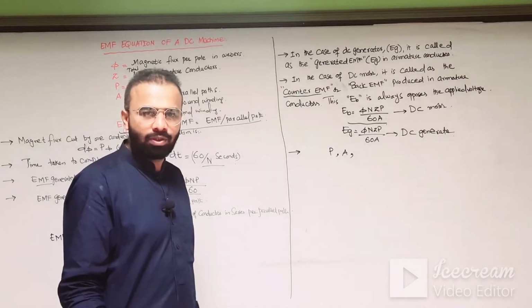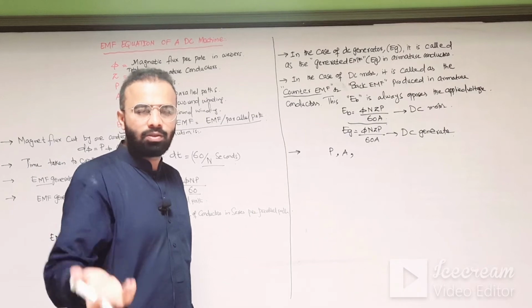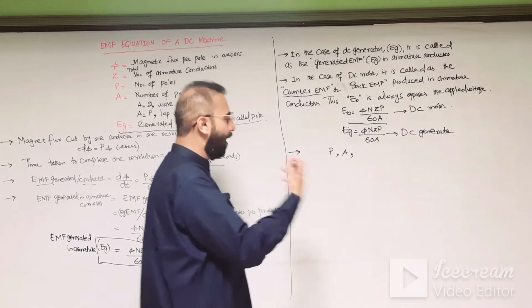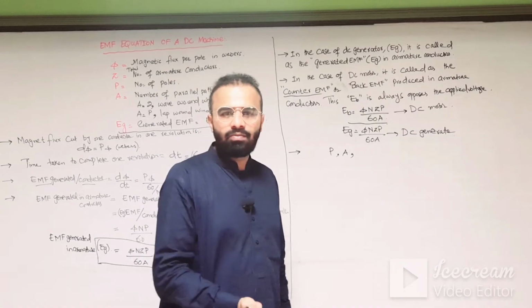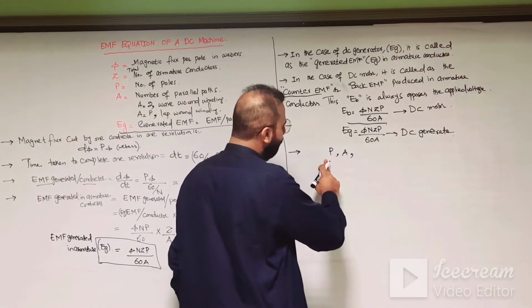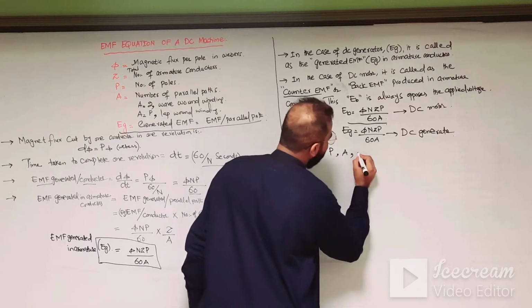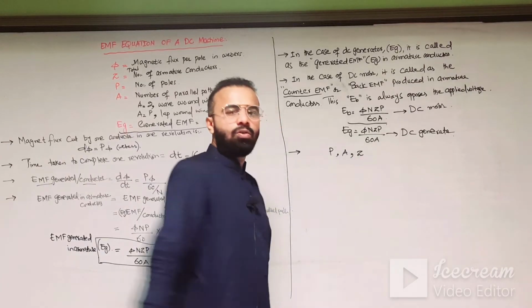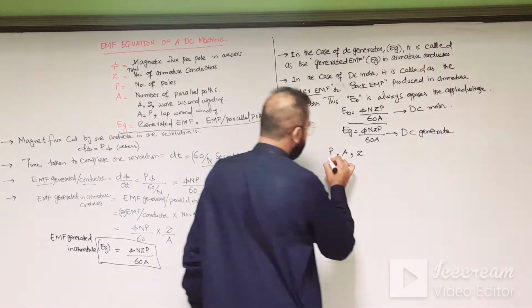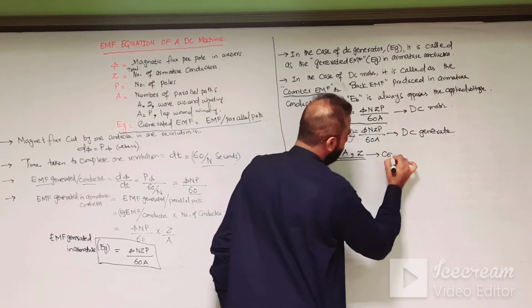If the value of A is equal to 2, this will be the wave wound DC machine, and if the value of A is equal to P, this will be called the lap wound DC machine. Then the Z is the total number of armature conductors. So these are three parameters or constants.